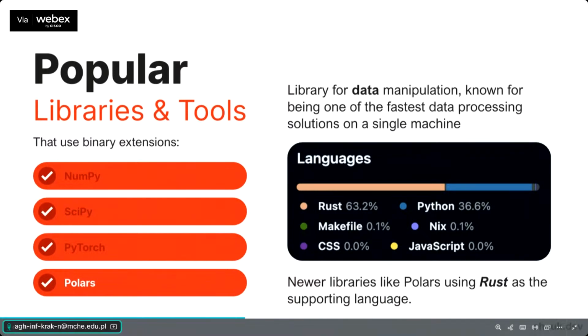Compared to these others, this is quite young. They're using mostly Rust. No C, no C++, no Python, sorry. But yeah, this is actually becoming the trend in the Python community right now.